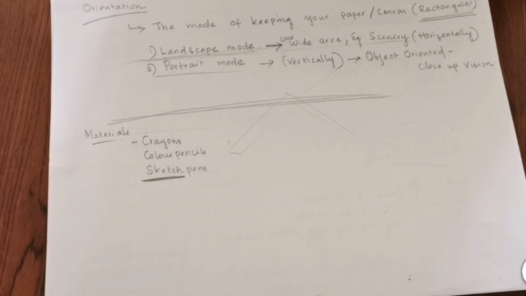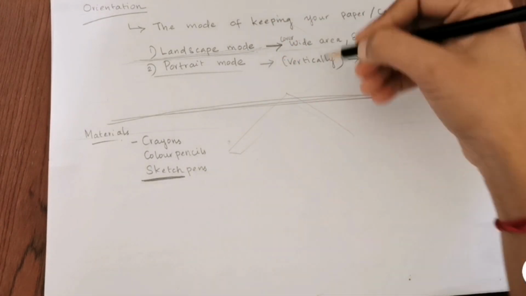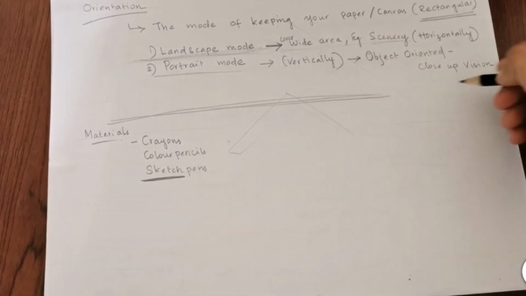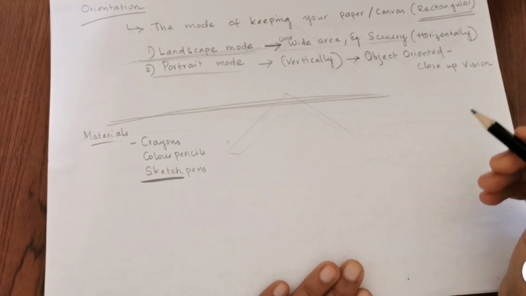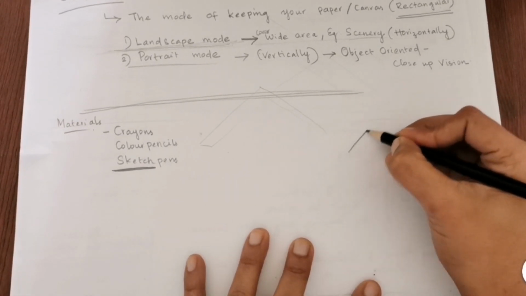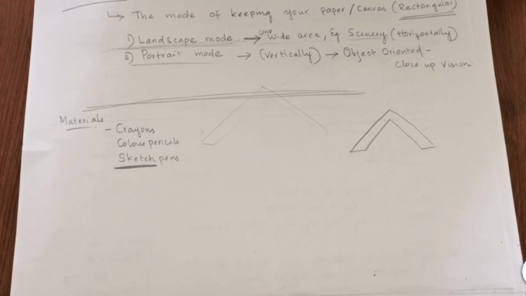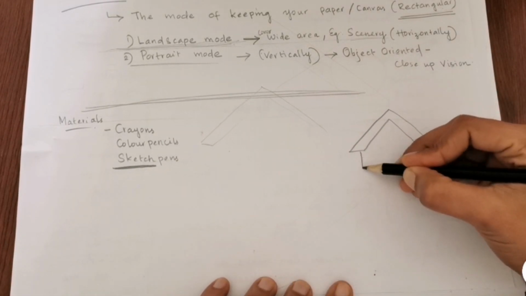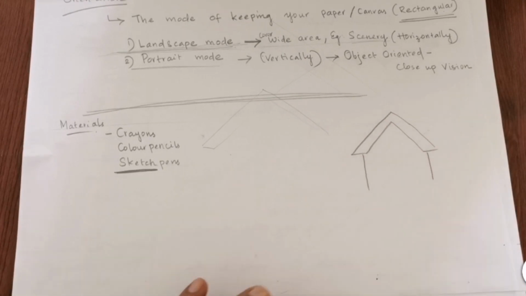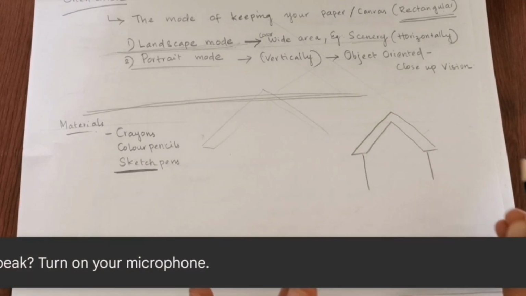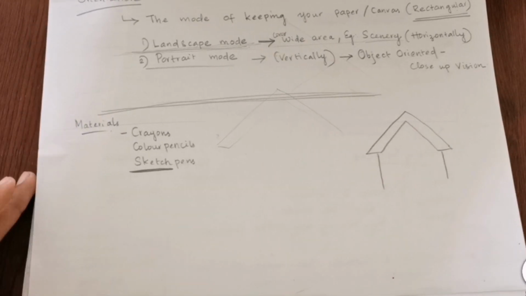Just in case you haven't heard about sketching, sketching means drawing only. So here I'm sketching a home. Okay, so this is sketching. You can also call your drawing book a sketchbook, because you are using it to sketch. Sketching means drawing only. So a sketch pen should be used for drawing only.